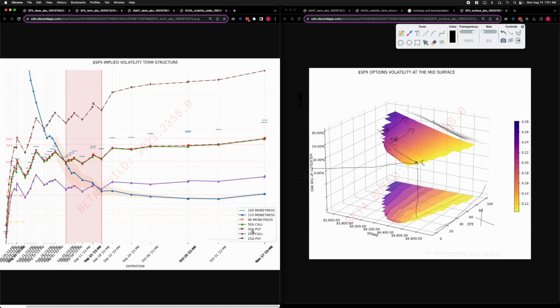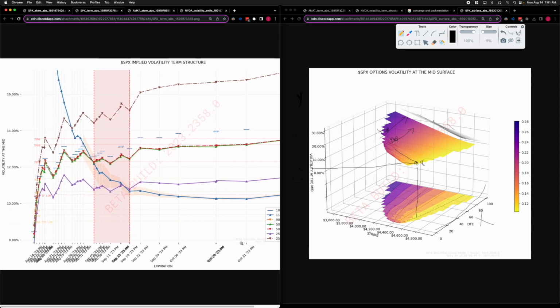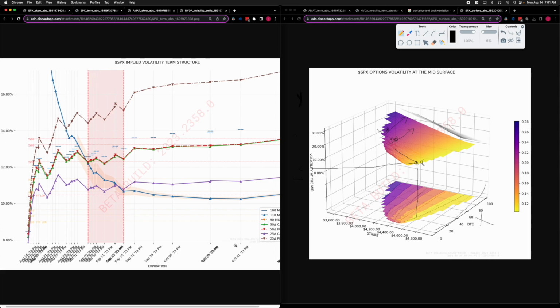So for the 50 delta call and the 50 delta put, which are both at the money, it is the case that we're taking a slice at a pre-specified strike. But the reality is that as you go further out in time, the 25 delta call, for instance, is also going to move out, right? And that should be intuitive because, how would I explain this?